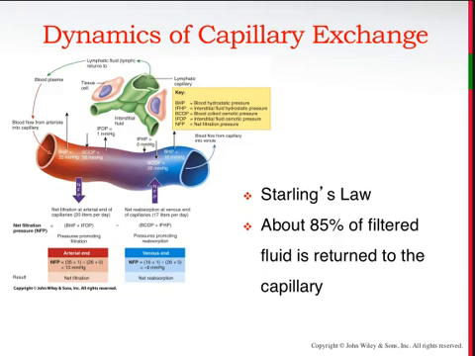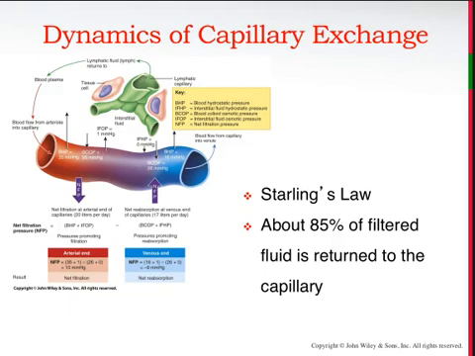Any escaping fluids, plasma proteins that are lost, because remember we said this was an approximation, so about 85% of what's filtered out gets returned back, which means I've got about 15% that don't make it back in.